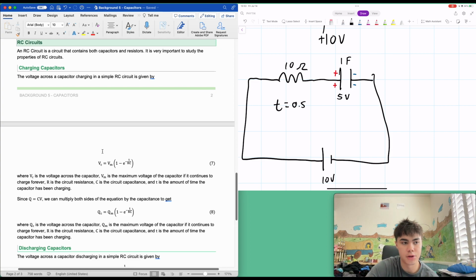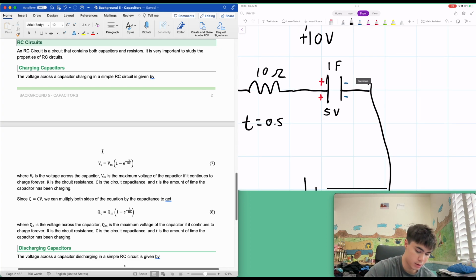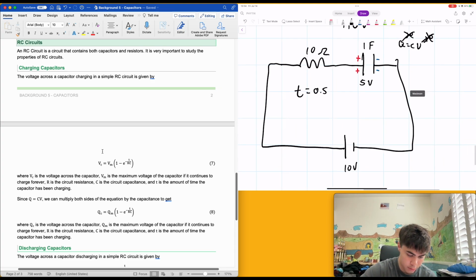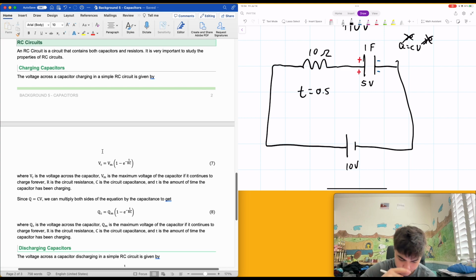Now that we have some charge on the plate, we get some voltage across the plate, right? From Q equals CV. If charge is 0, then the voltage is 0. But because we now have some charge, then this is not 0, and so the voltage is not 0. Anyway, so now we have some voltage across the plate.